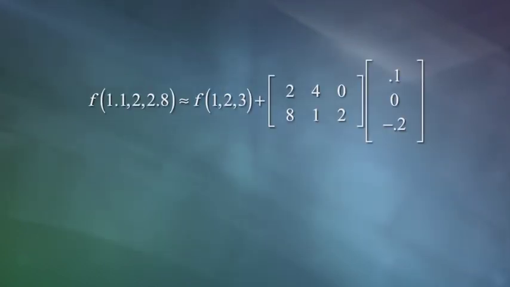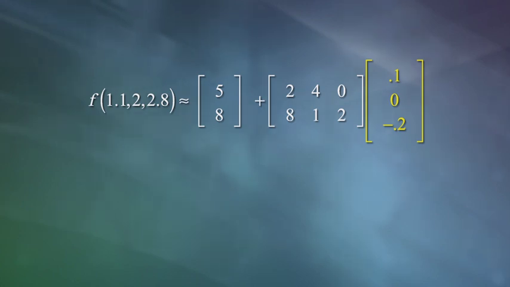So then f at (1.1, 2, 2.8) can be approximated by f at (1, 2, 3), which is (5, 8), plus the 2 by 3 matrix derivative evaluated at (1, 2, 3), times the vector displacement, which is (0.1, 0, -0.2).